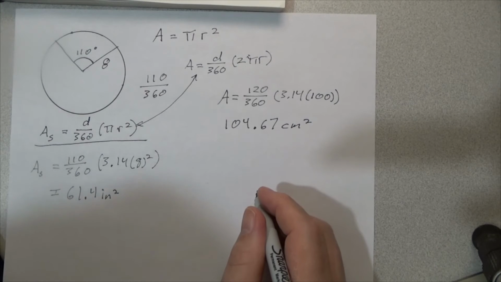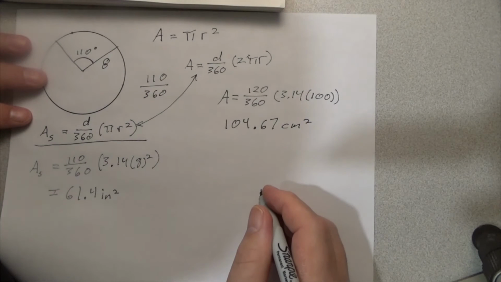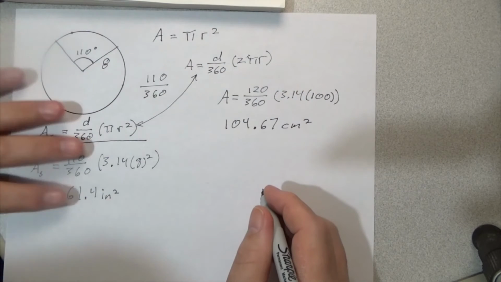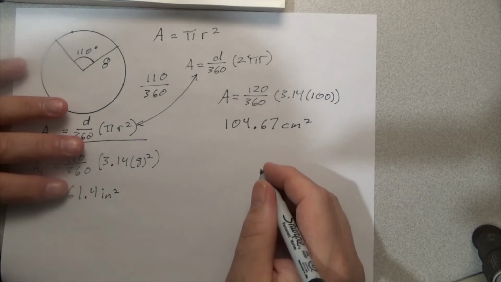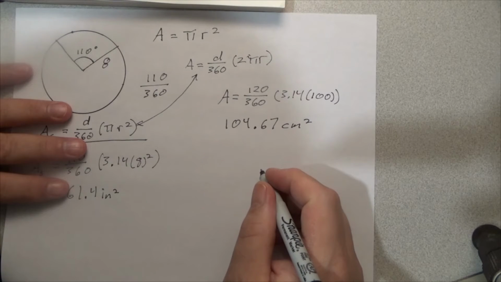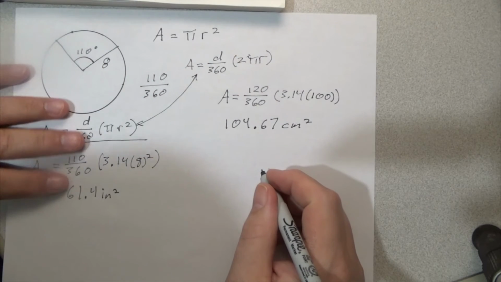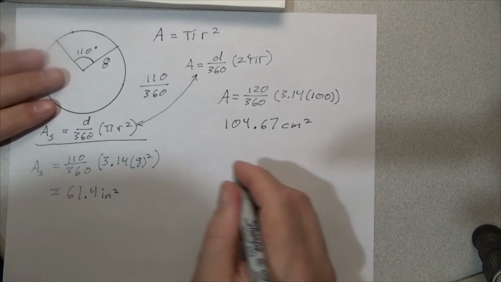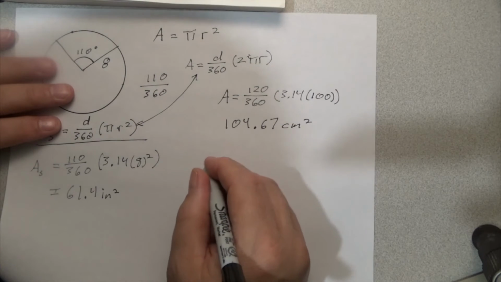Well, what if we've got something different, something like number 11, where we're given the area of the sector and we're given the angle and we're asked to find the radius. So let's write that one out.